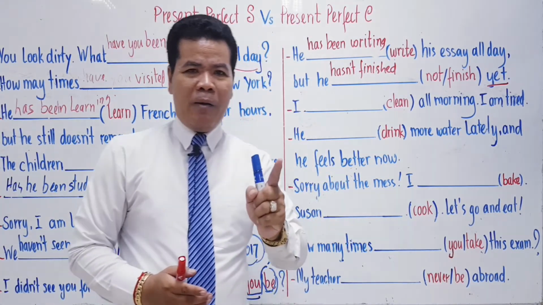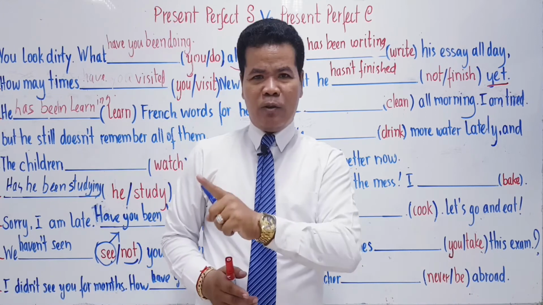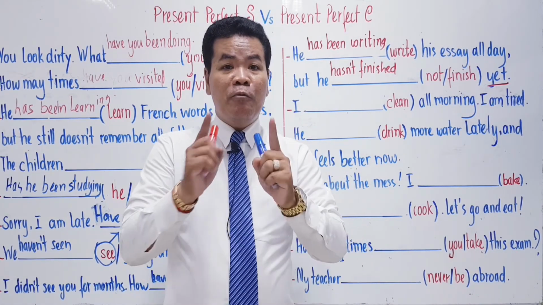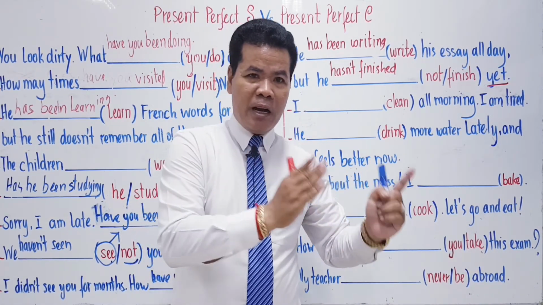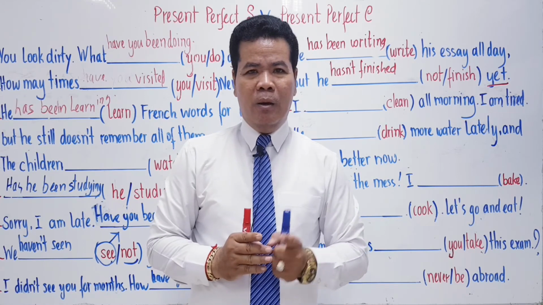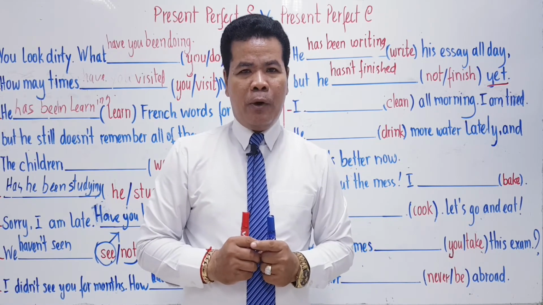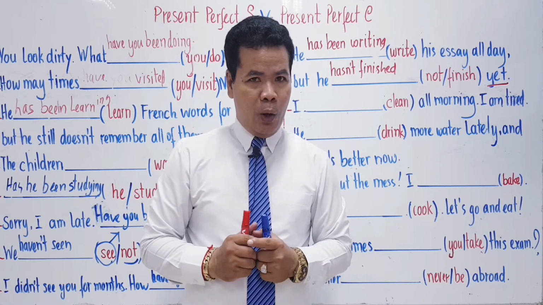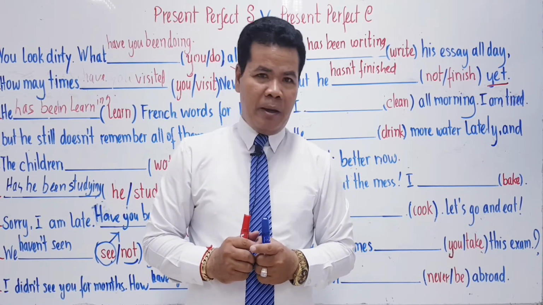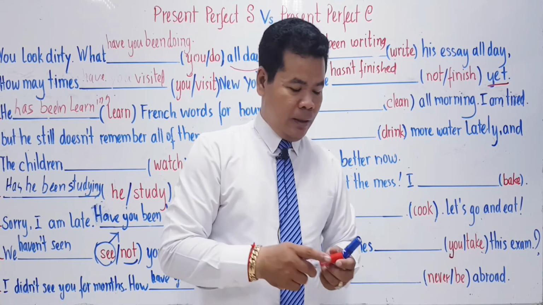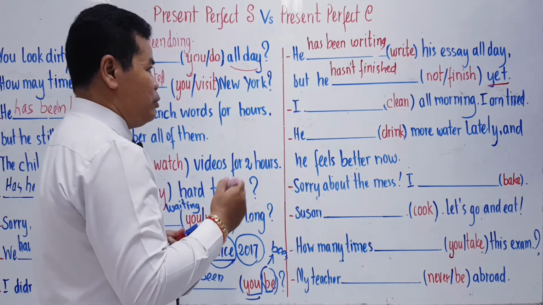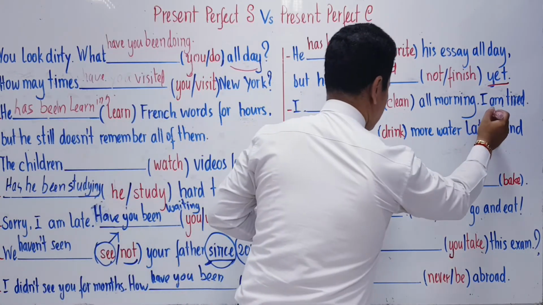So think about an action that happened in the past or started in the past, finished recently with a result in the present. What are you going to choose? Present perfect simple or present perfect progressive? So, according to the result, I am tired.